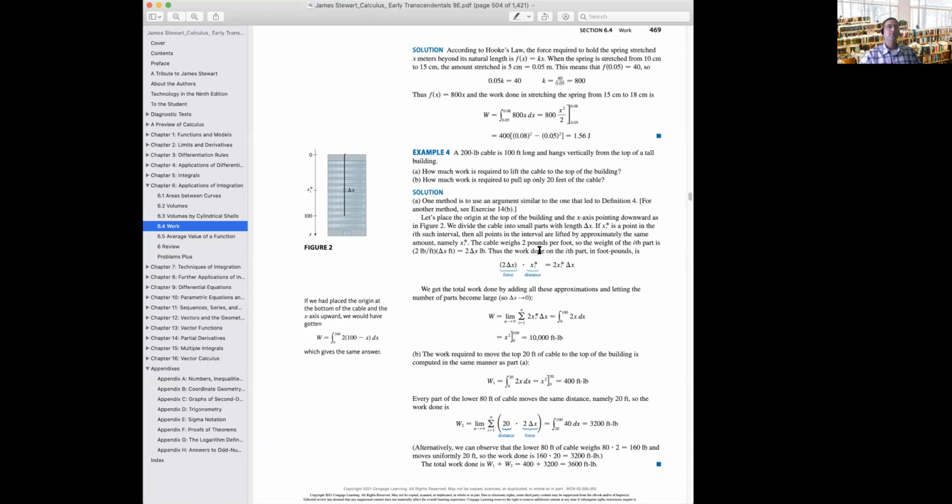It says a 200-pound cable is 100 feet long and hangs vertically from the top of a tall building. Part A asks how much work is required to lift the cable to the top of the building. There's a picture given to us, and I'm going to follow it, giving more or less the same explanation as done in the book.